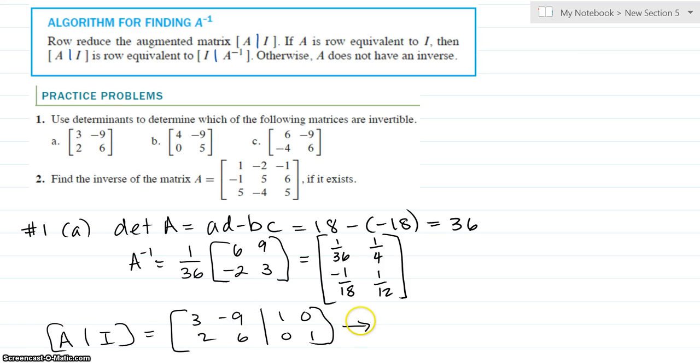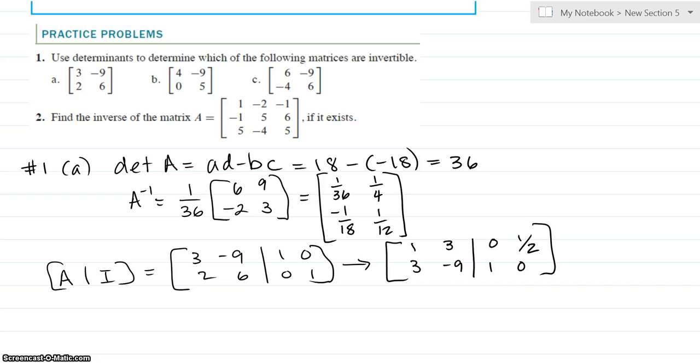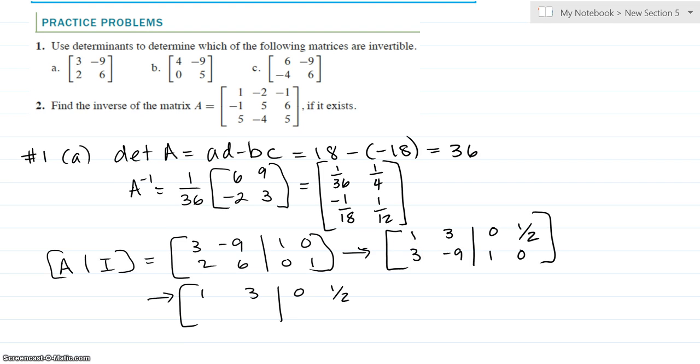Then you go ahead and row reduce. I switched this to the second row, this to the first row, and I divided everything by 2. Now I'm going to get a 0 by multiplying the first row by negative 3 and adding it to the second row.